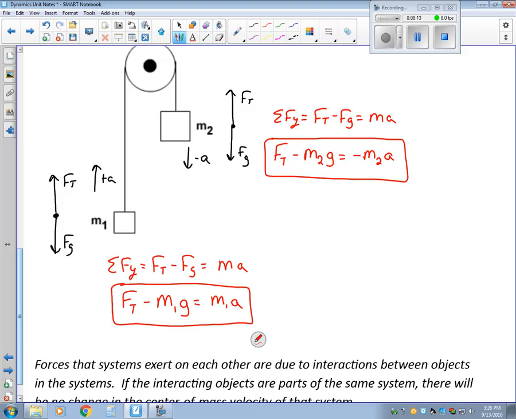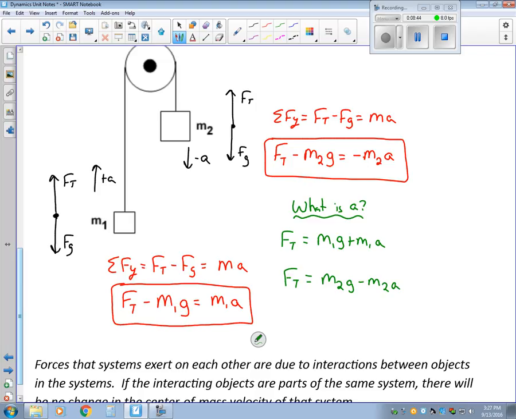So in this one, let's say I want to know the acceleration. In that case, I would solve both of these equations for the tension force to get rid of it. I would set those equal to each other.